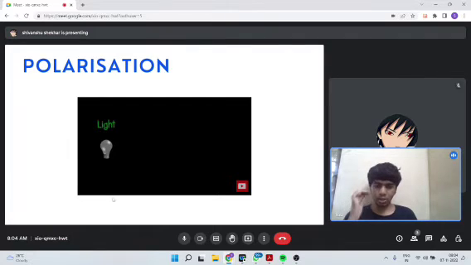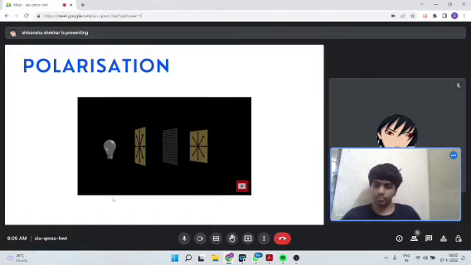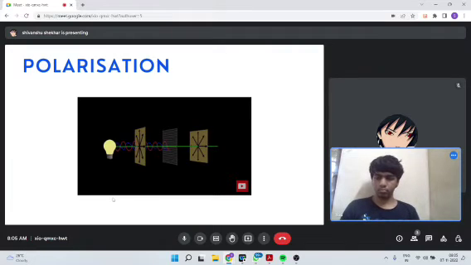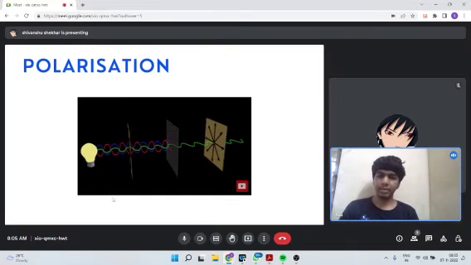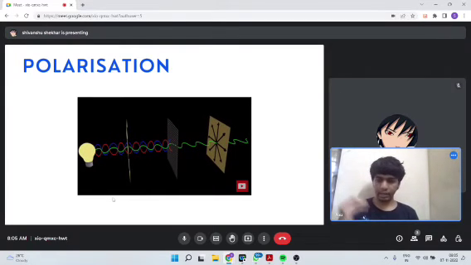So this is a light source which will be emitting the light, which will then be polarized by a polarizer. A polarizer is also known as a polarizing filter. As we can see, there were multiple directions when the light was coming in.